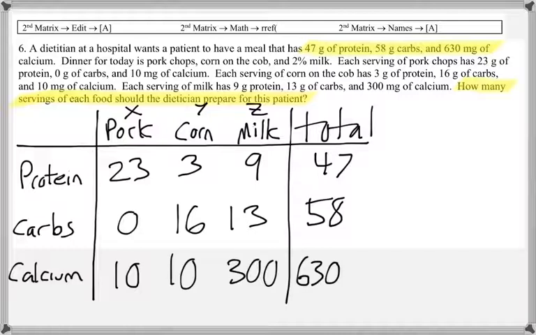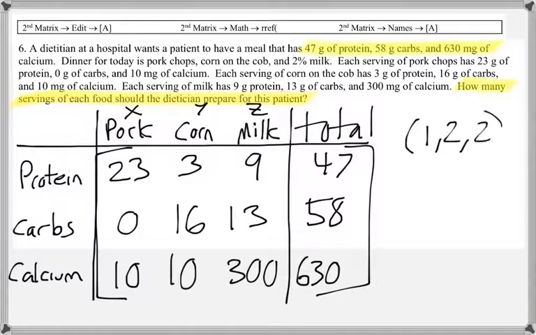So I want to use a matrix to solve this, and it kind of already looks like the matrix. Basically, I'm just going to type it in as I see it here, just in my matrix. So if you do that and then do the RREF, you should get 1, 2, 2.